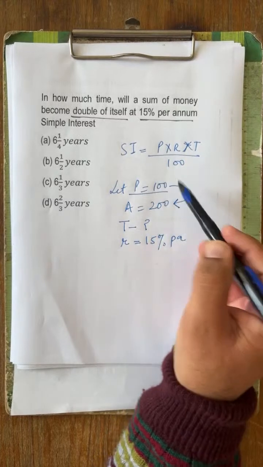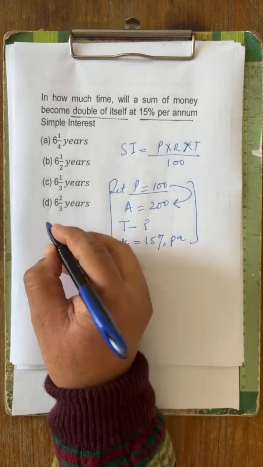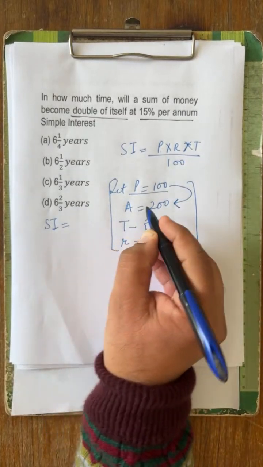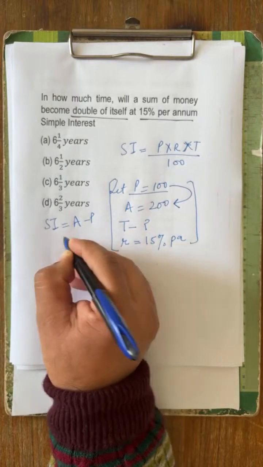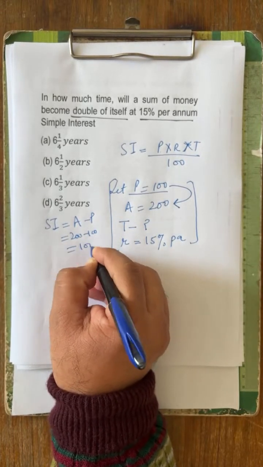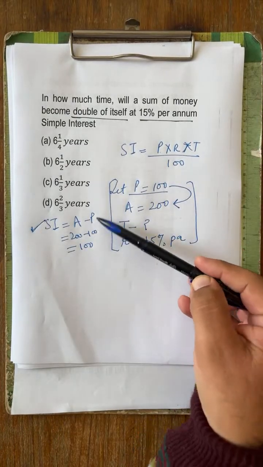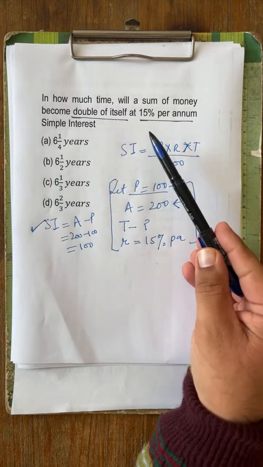To use this in the formula, simple interest is amount minus principal, that is 200 minus 100. 100 will be our simple interest. Now this is very simple. Now you substitute all the values here, you can find the time.